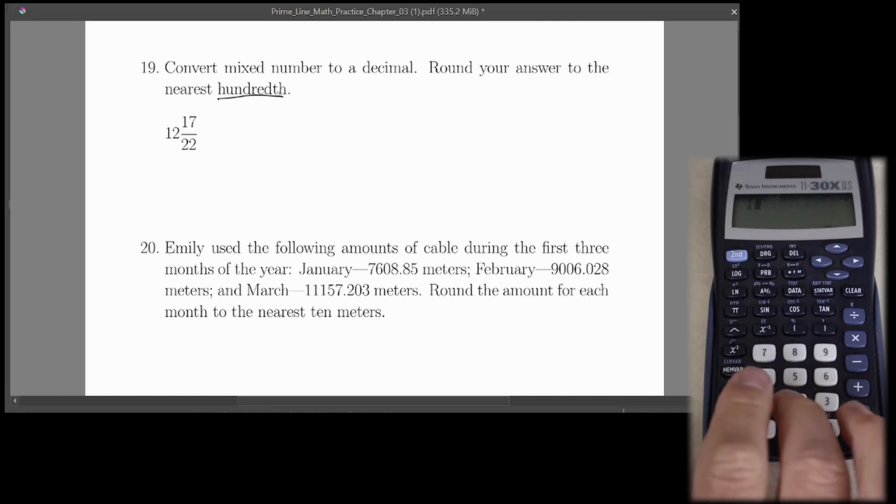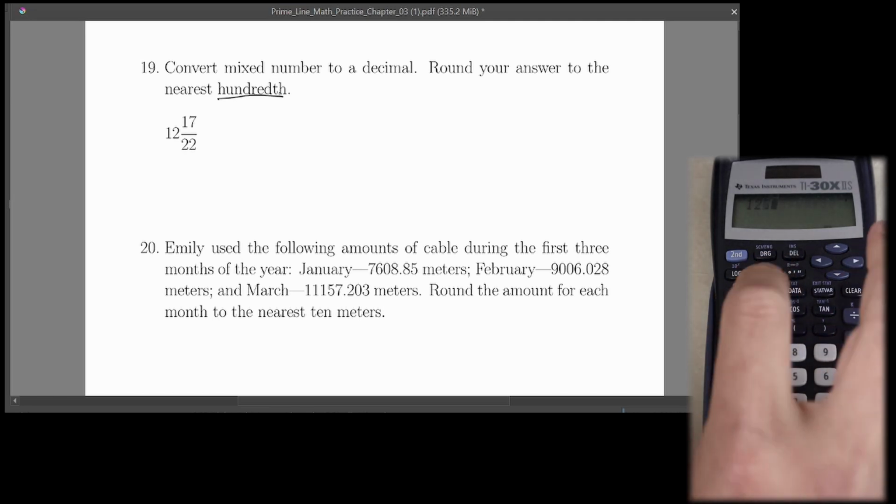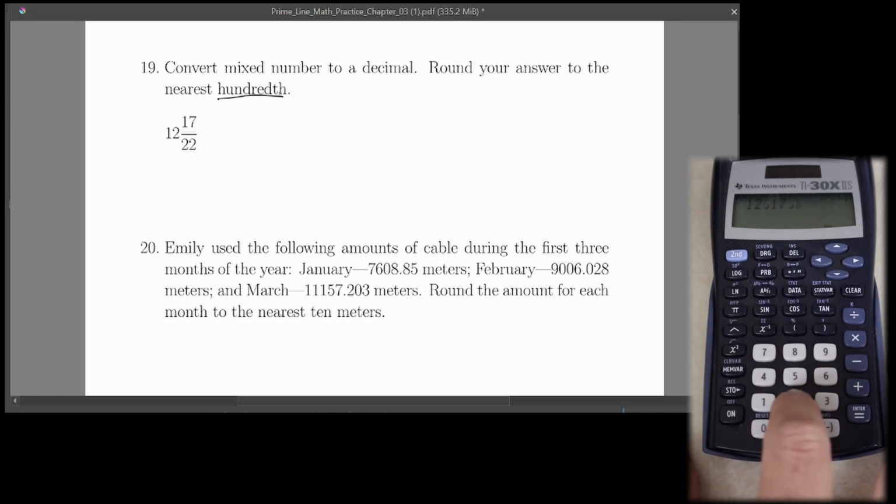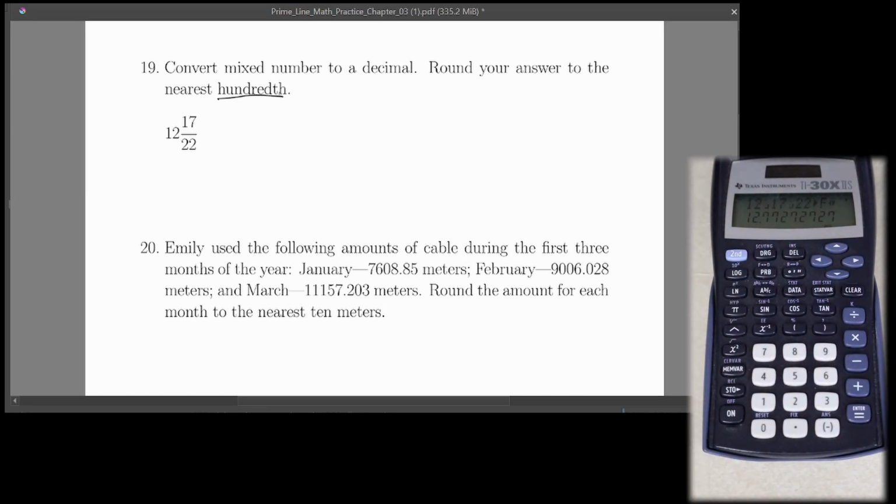So if we do 12 fraction 17 fraction 22, and we can do fraction to decimal, we come up with 12.77272727, and we're rounding to the nearest hundredth, so tenth, hundredth. This is where we're looking. Looks like we're rounding down, so 12.77 for our final answer.